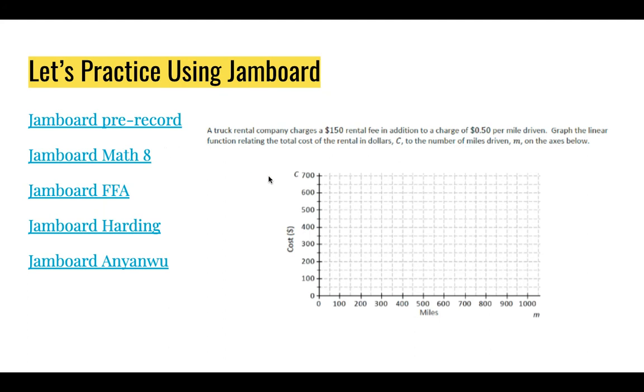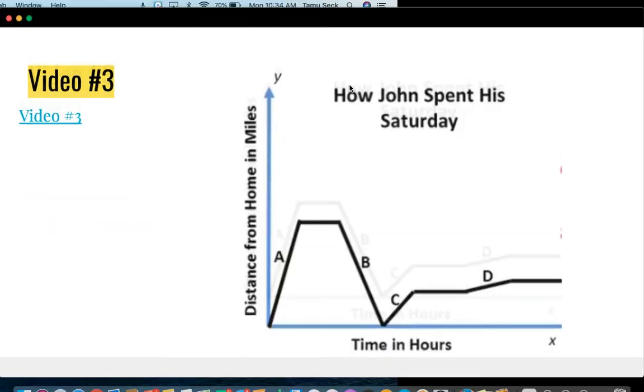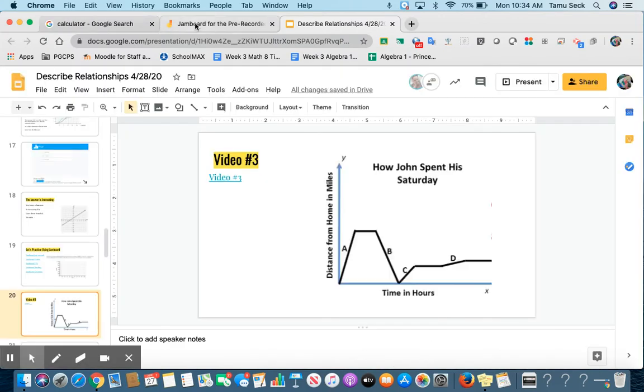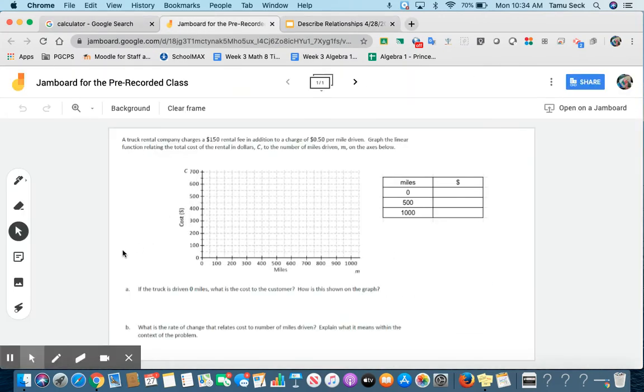A truck rental company charges a $150 rental fee in addition to charging 50 cents per mile. Graph the linear function relating the total cost of the rental in dollars C to the total number of miles M on the axis. So I'm going to use Jamboard to show the answer to this question. So let's start.